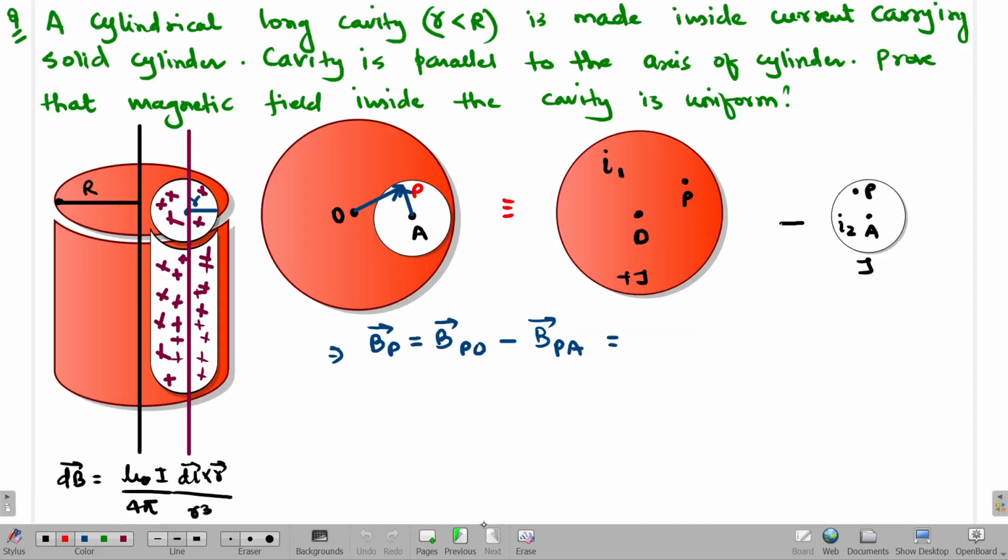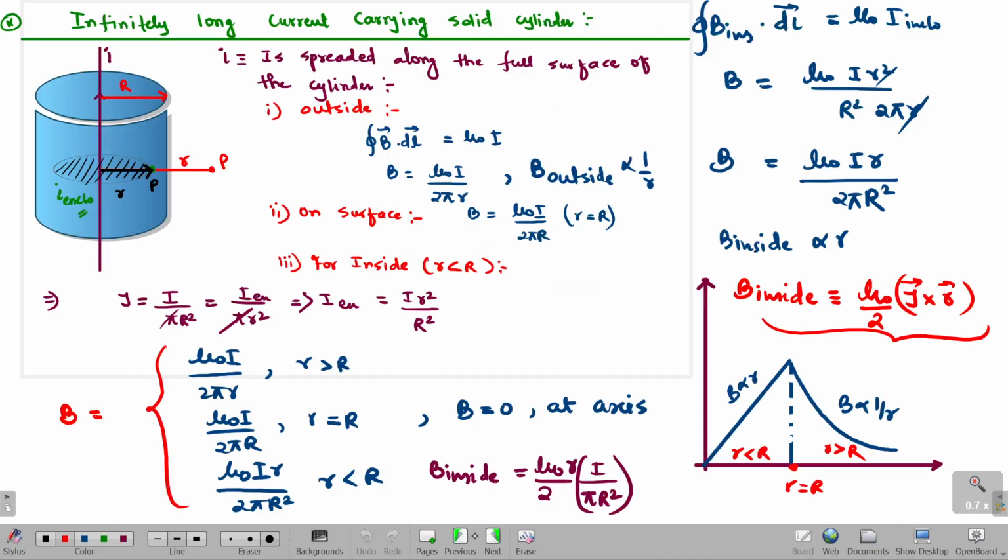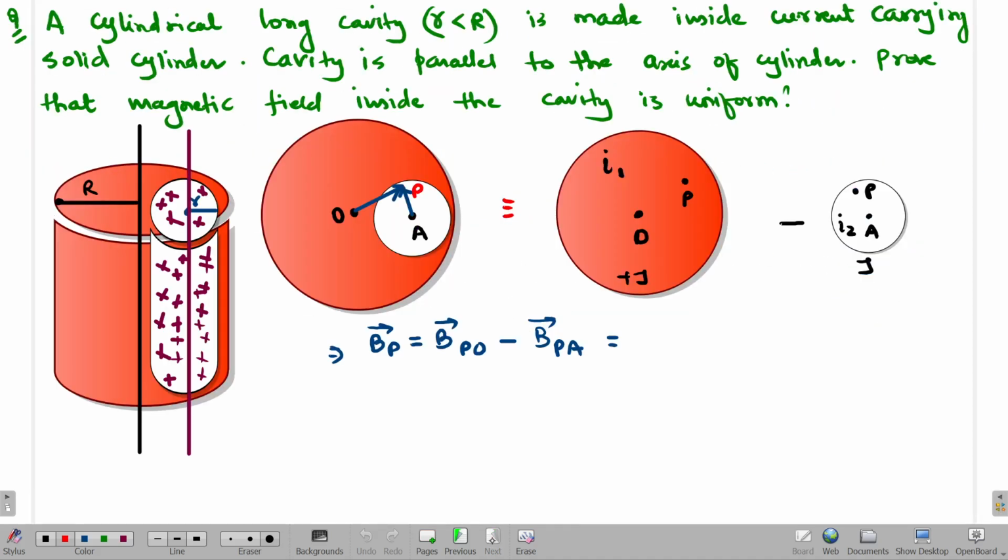So we can define the magnetic field inside the solid cylinder. It has a formula: B vector is equal to mu naught by 2 J vector cross R vector. Here point P is an inside point.